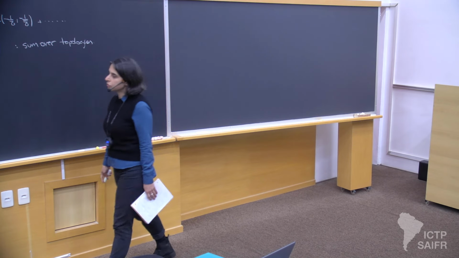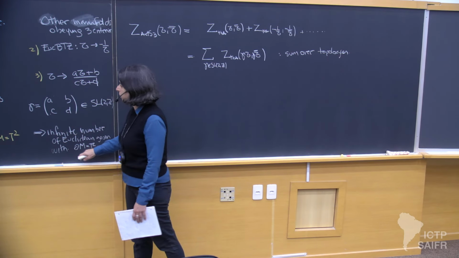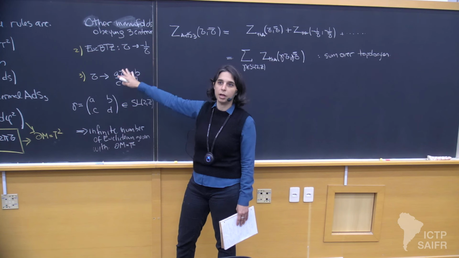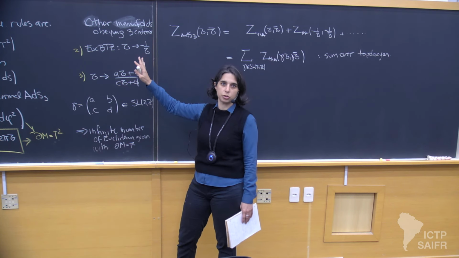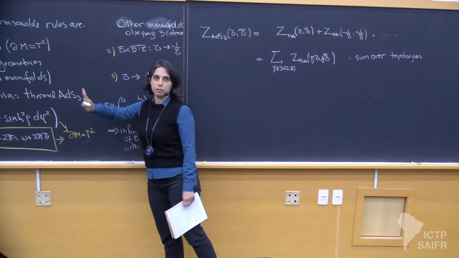And you can convince yourself, I'm not going to prove it, that with this boundary condition, these are the only manifolds that comply with the 3 criteria. There's no other smooth manifolds that will comply with these 3 criteria.